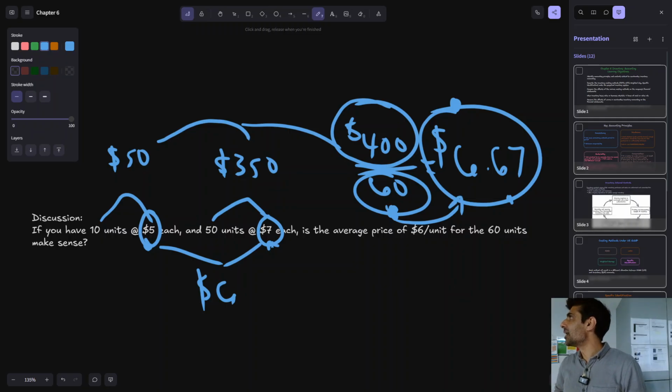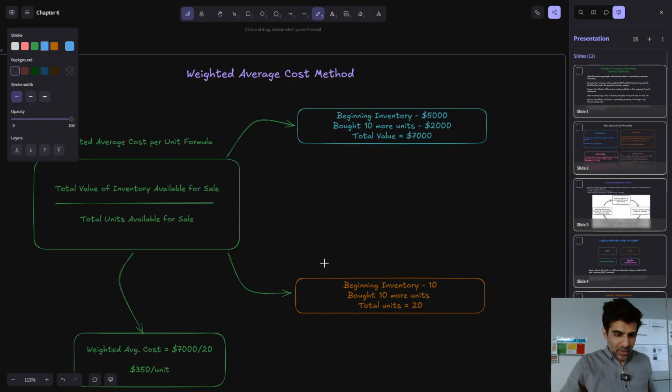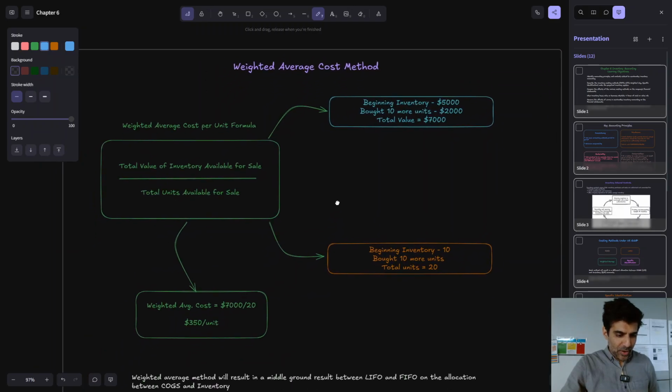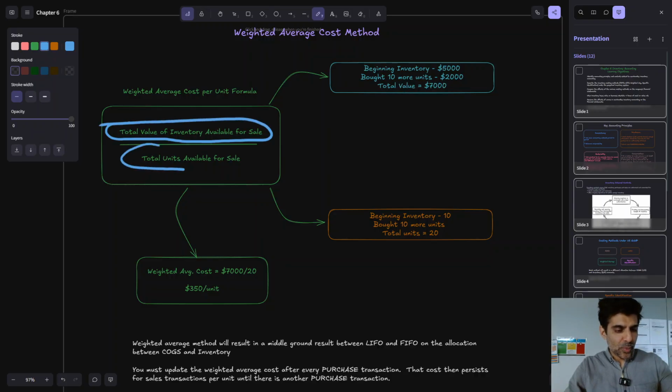Okay, so this is actually, you can argue, the simplest method. You don't have to keep track of all the different layers, and you can just average everything together. So yeah, I think we kind of did it. But just to make sure everyone understands, the weighted average formula is the total value of the inventory divided by the total number of units.